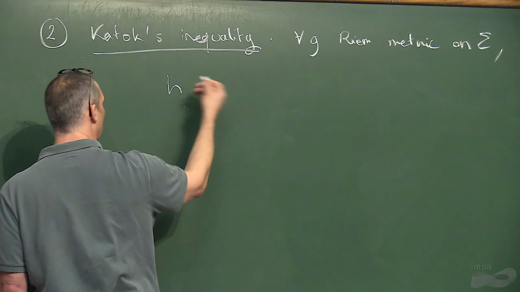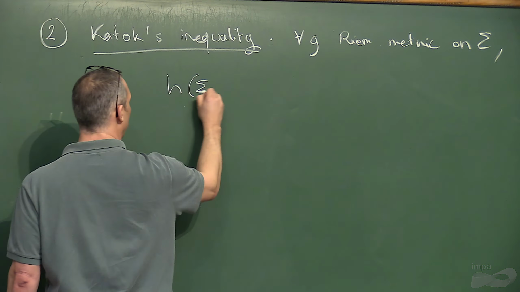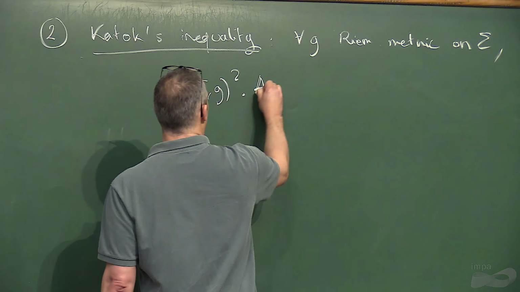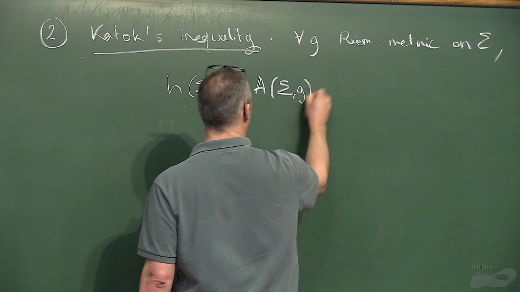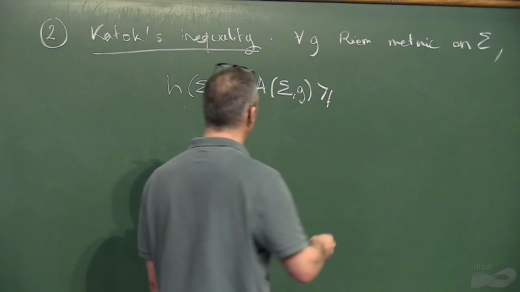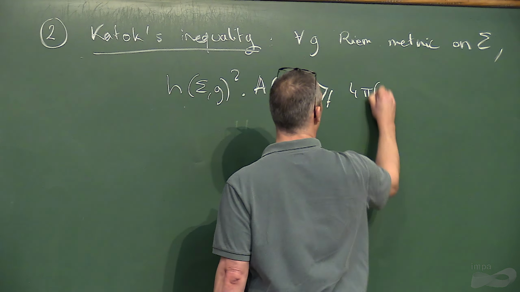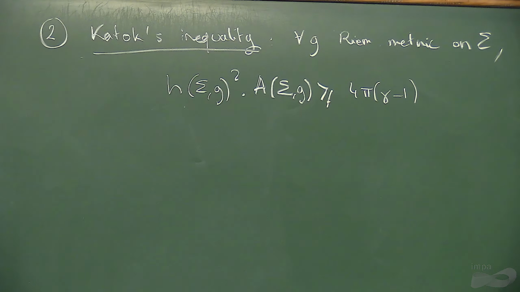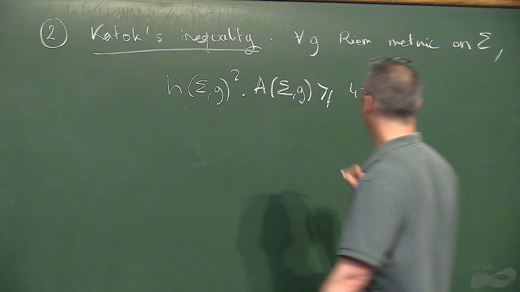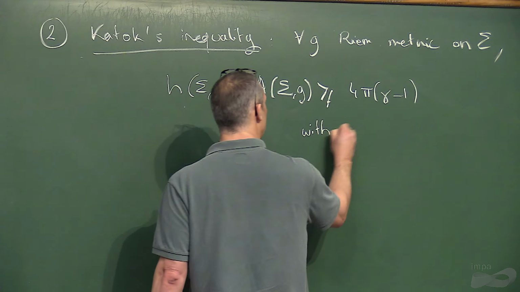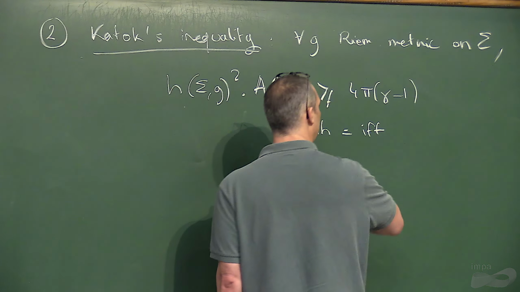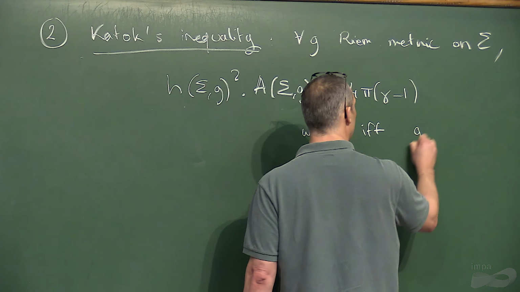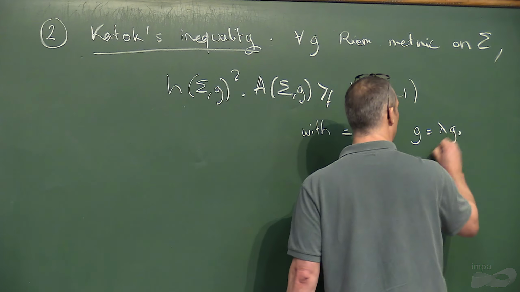You take an invariant, which is the volume entropy, I will define it in a few seconds, times the area, and this is always bigger than or equal to 4 pi times the genus -1. And you have equality if and only if the metric g is some multiple of a hyperbolic metric.